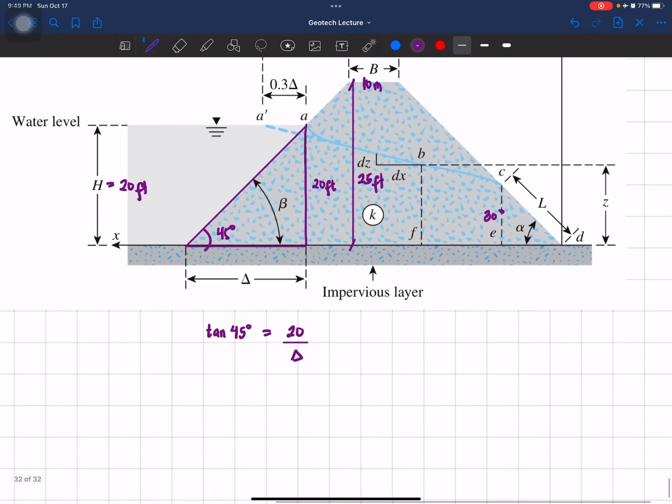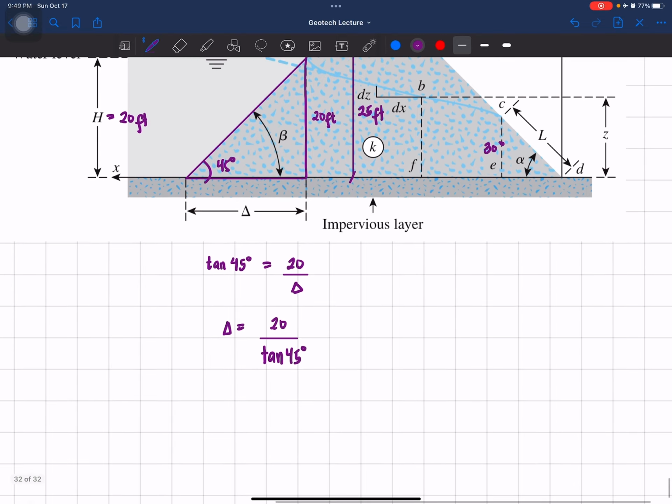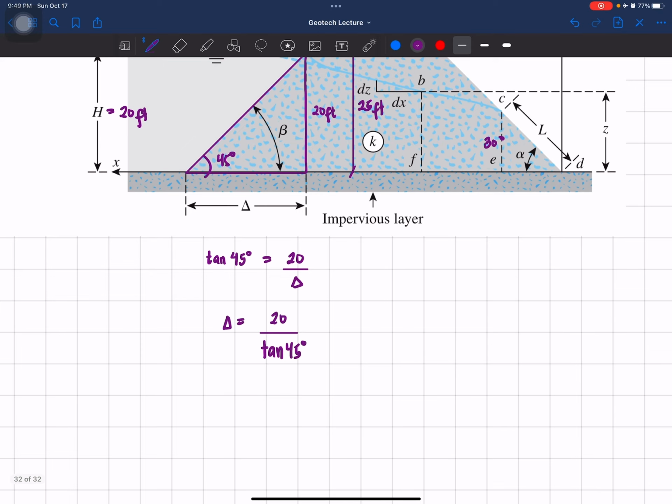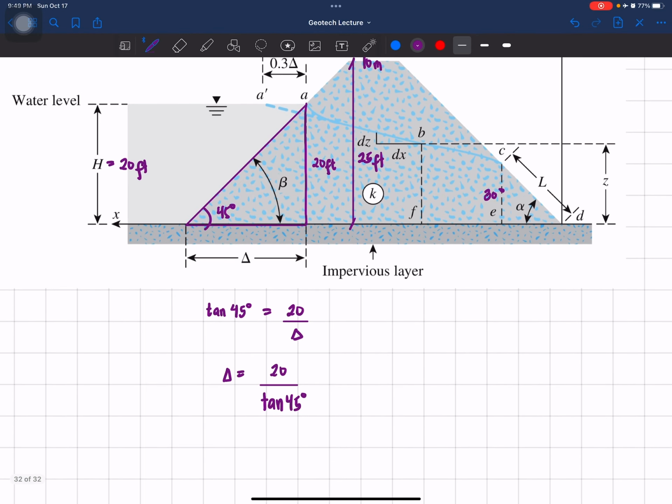Okay? So, in this case, your delta now is equal to 20 all over tangent ng 45. Ayan. So, hindi ko muna siya i-compute, guys. Okay, so next thing, after we determine ang delta, let's now get the 0.3 delta.